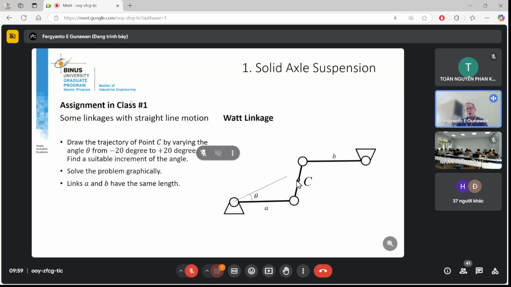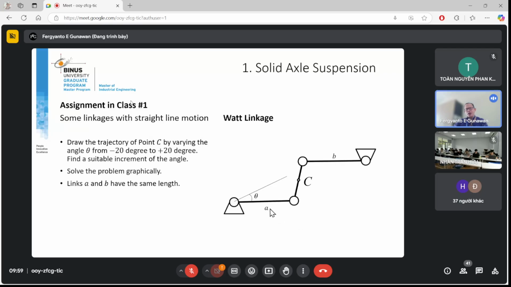And I wish you to be able to plot the movement of the C point. I expect to see that the C point may go here, right, and go down here. So you can assume A and B to have the same length.